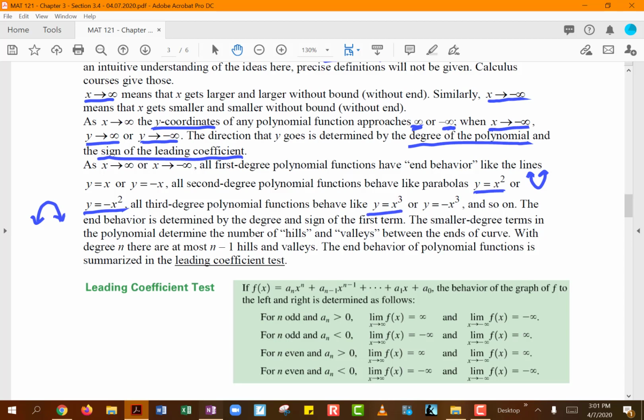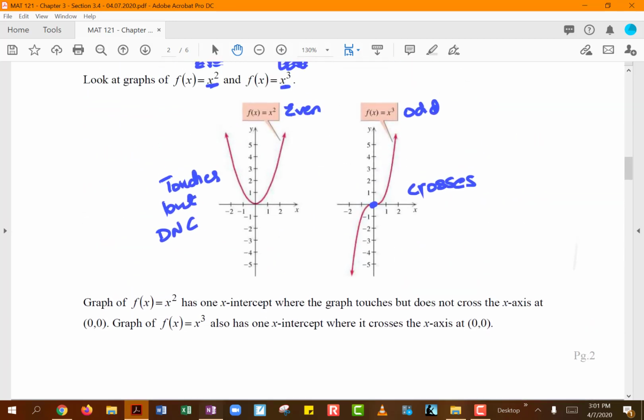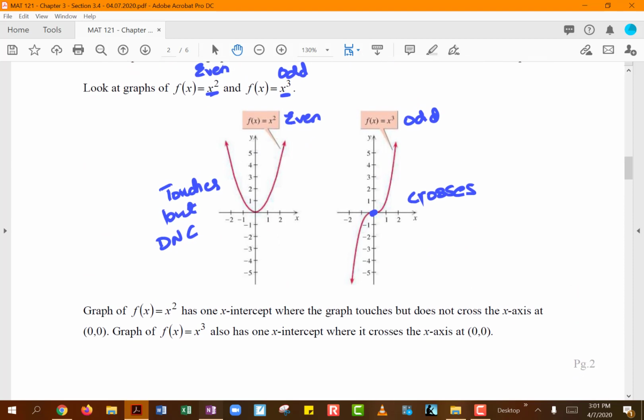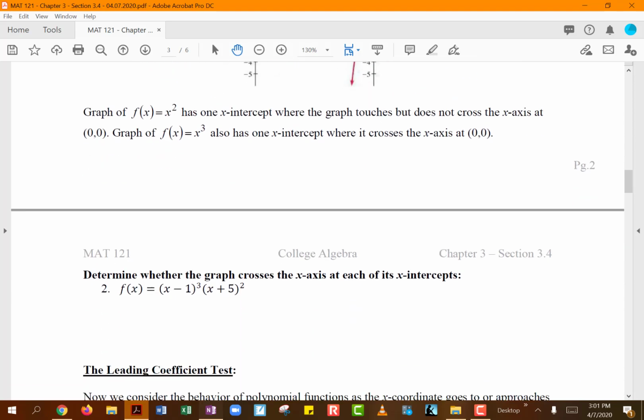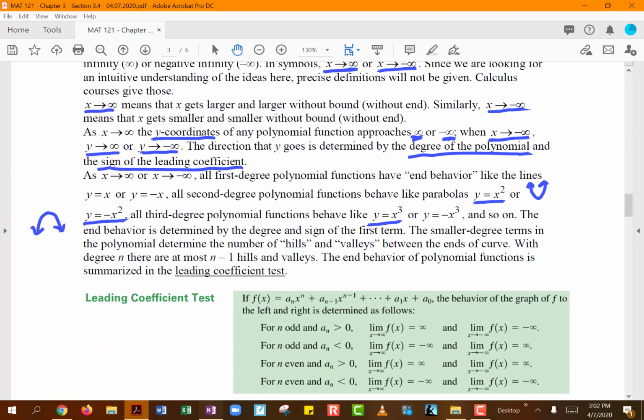If you're looking at y equals x to the third, you can imagine this graph on the right here, that little squiggly line kind of graph. Okay, so let me see if I can get that in here. So your y equals x to the third. Okay, I guess I'm going to do it down here.